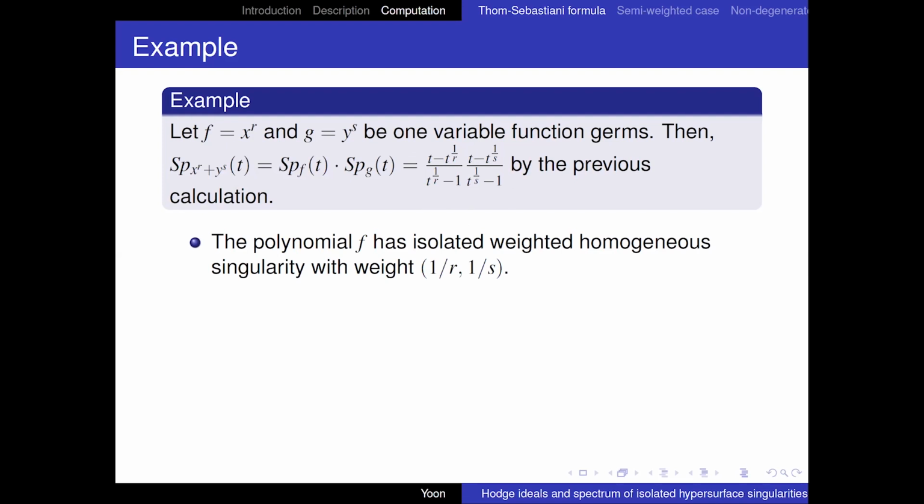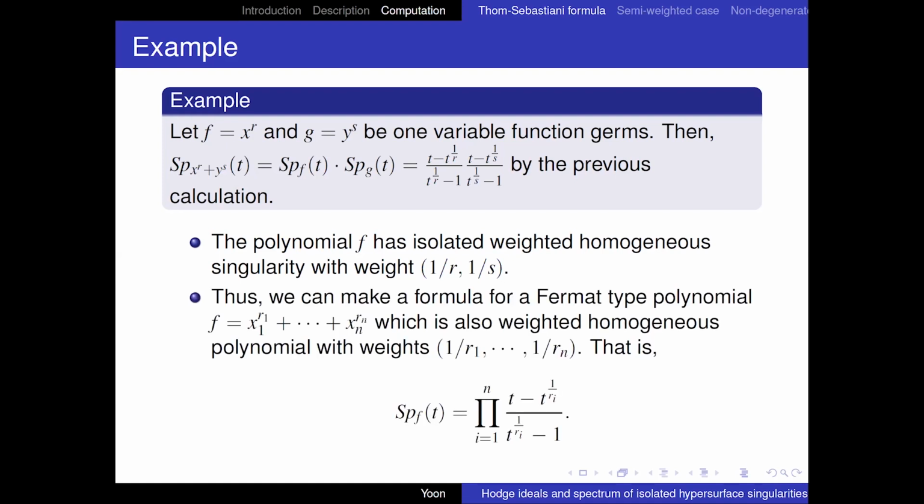So this x to the r plus y to the s is an isolated weighted homogeneous singularity, with weights 1 over r and 1 over s. So we can make a formula for Fermat type polynomials, just the multiplication of all these kinds of terms, right?